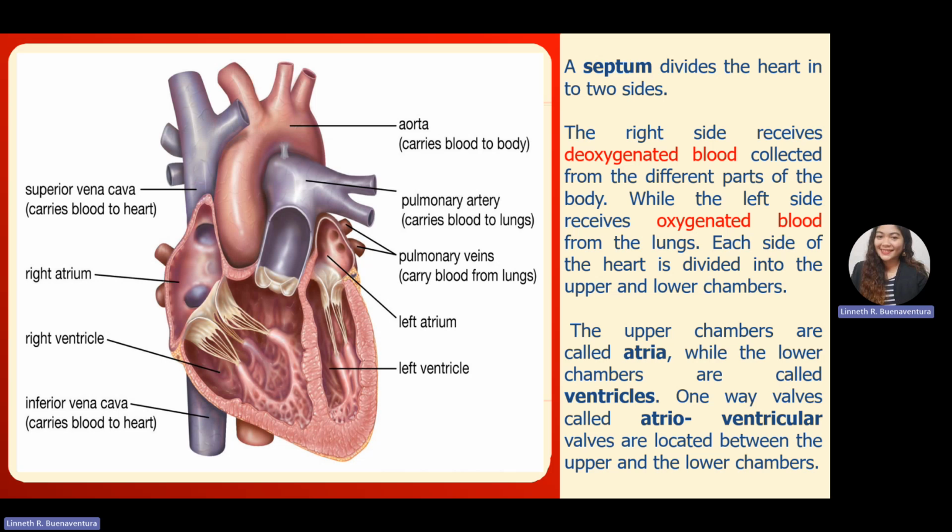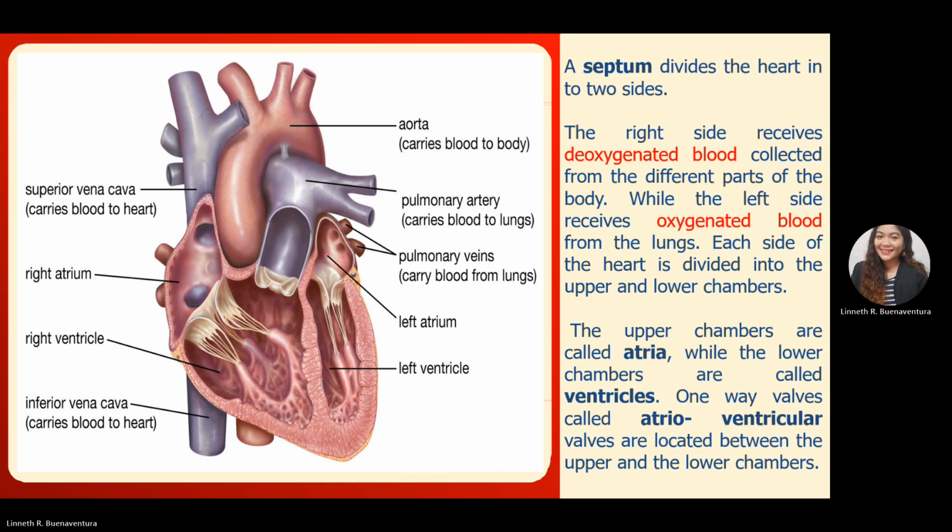The upper chamber, here is the upper chamber, is called atria, while the lower chamber is called ventricles. One-way valves called atrioventricular valves are located between the upper and lower chambers.